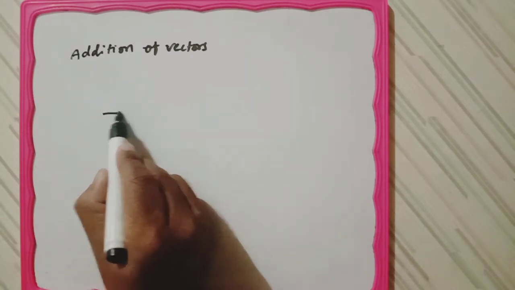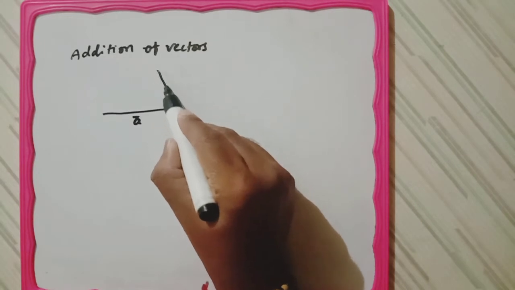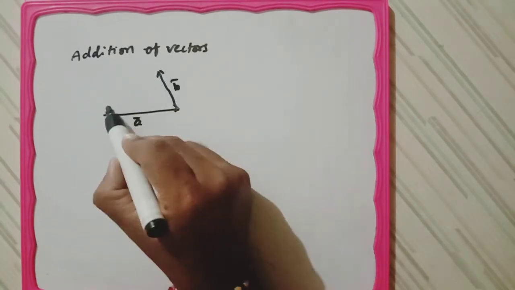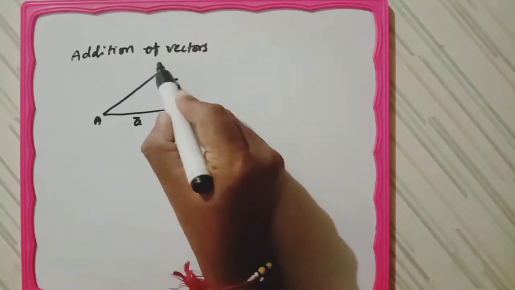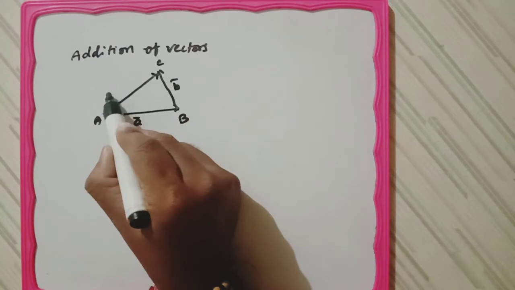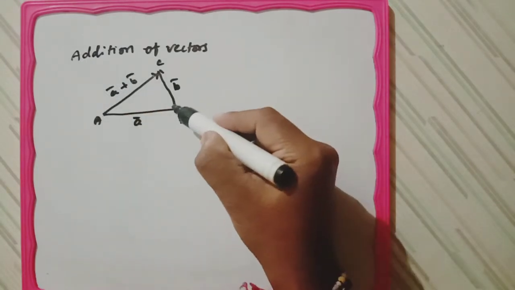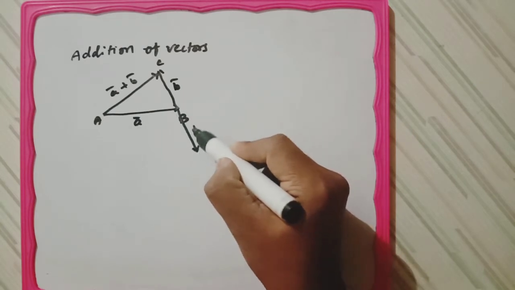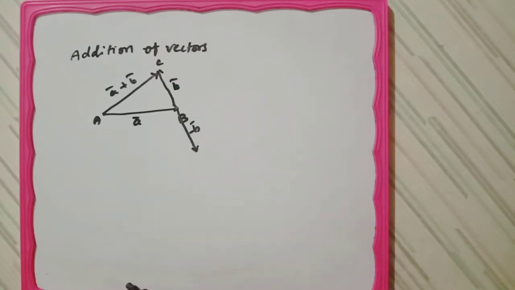Also, if we have vector A bar and vector B bar, then another vector AC will be given by A bar plus B bar. Now suppose we represent BC in the opposite direction with the same magnitude of B bar; then the direction is opposite, so it is minus B bar.